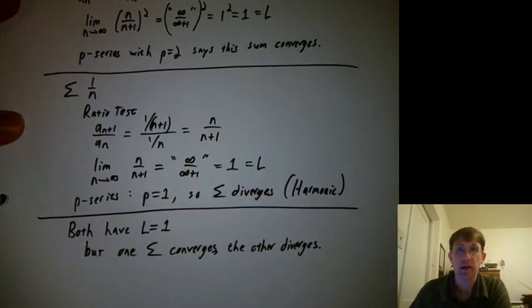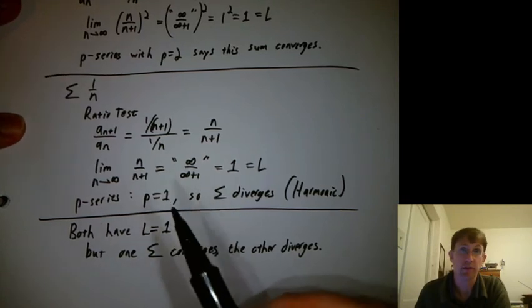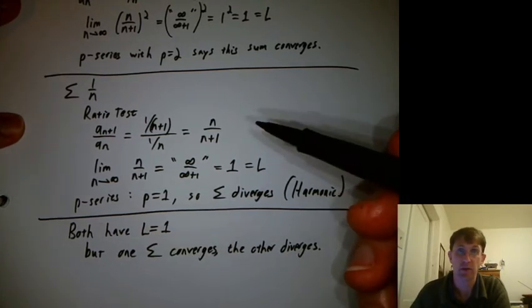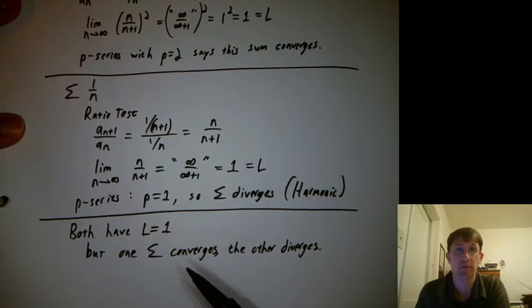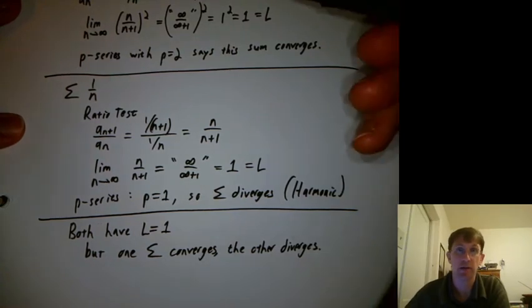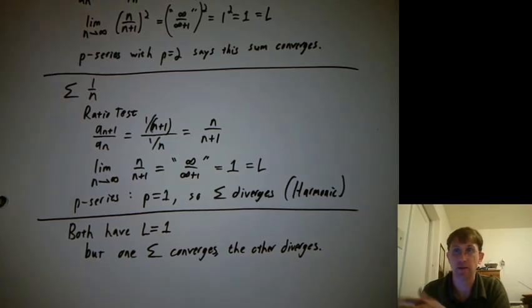So if we get L equals 1 in the ratio test, can we say for sure that the sum converges? Well, no, because maybe it's this one. If we get L equals 1 in the ratio test, can we say for sure that the sum diverges? Well, no, because maybe it's that one. So overall, L equals 1 in the ratio test means the ratio test is inconclusive.